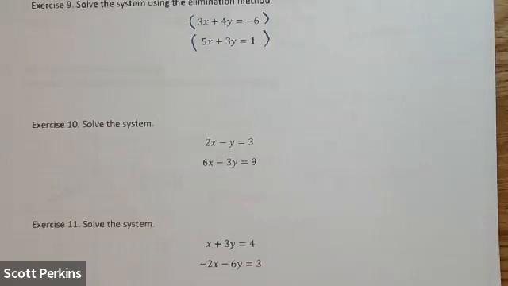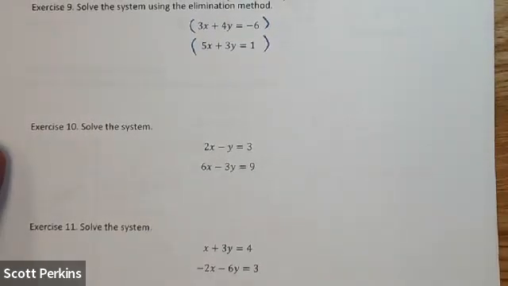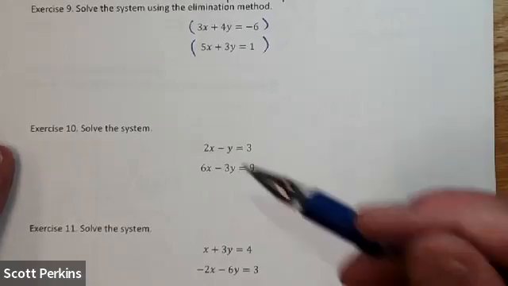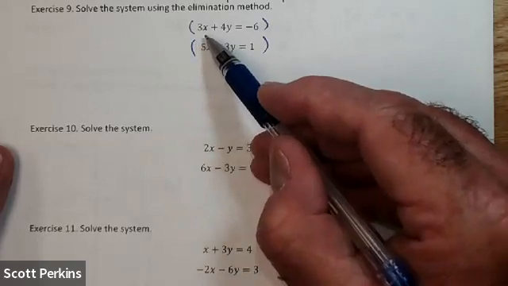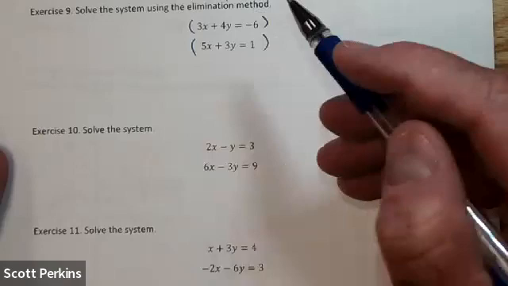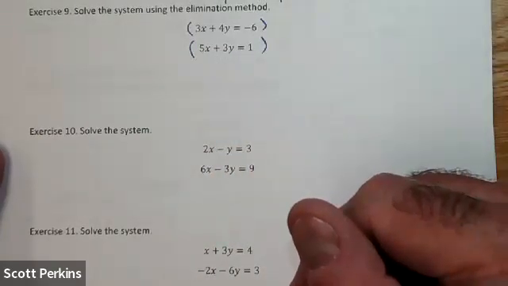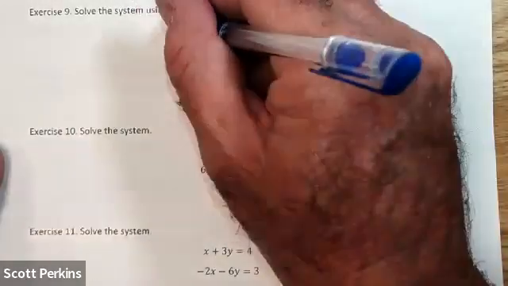All right, just to give everybody a nudge in the right direction, I asked us all to do this problem by eliminating the x's. Not that it matters, but just wanted us to do the same thing. So right now I've got a 3 in front of the top x, a 5 in front of the bottom x. So what do you propose I multiply the top equation by? Okay, -5. That's great.